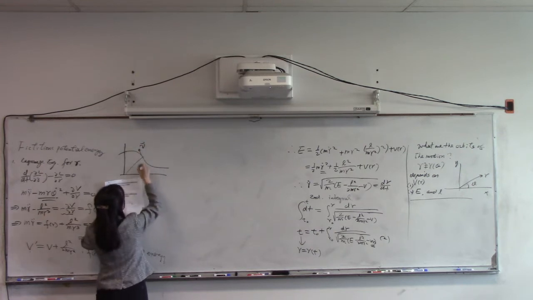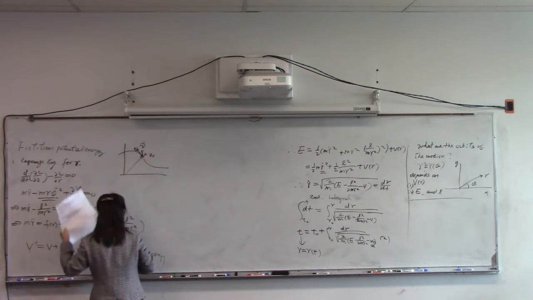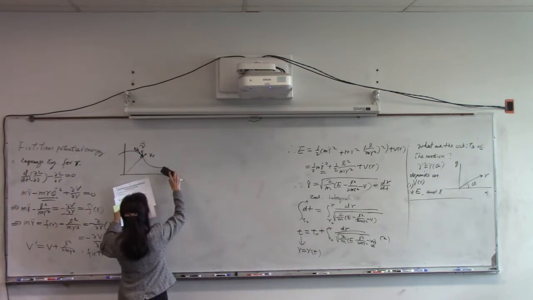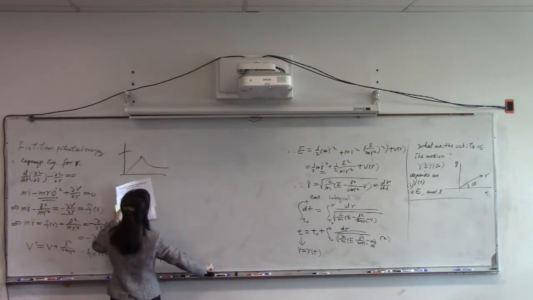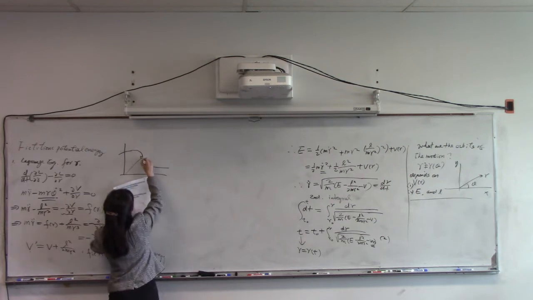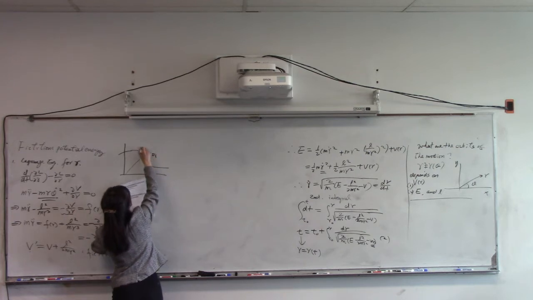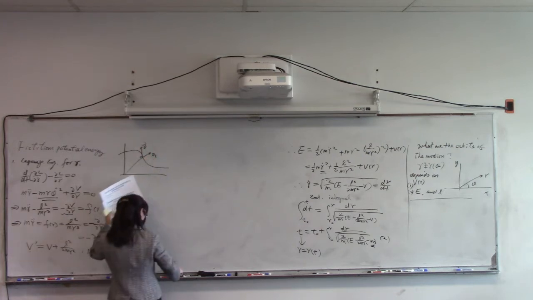If this is r, then this is v_r, and this is the tangential part, v theta, which is perpendicular to r. So we have this, and we have an angle.